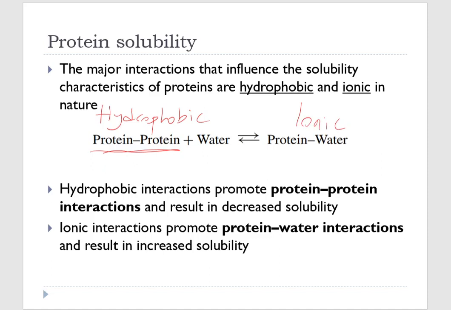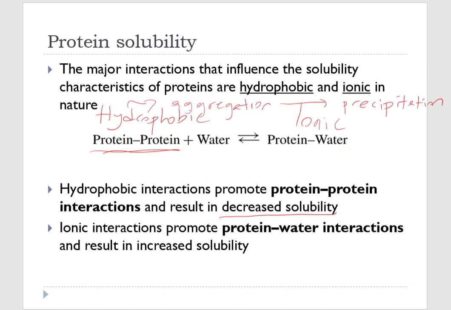So these hydrophobic interactions promote protein-protein interaction and result in decreased solubility. So when we have these hydrophobic interactions, we might have aggregation, and it might result in precipitation. Okay?